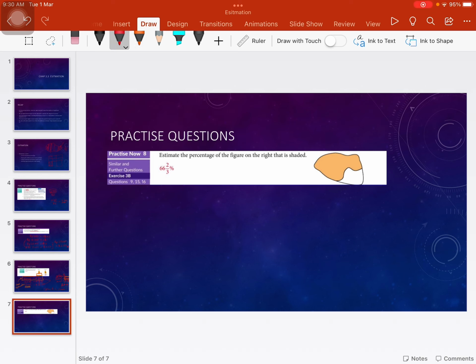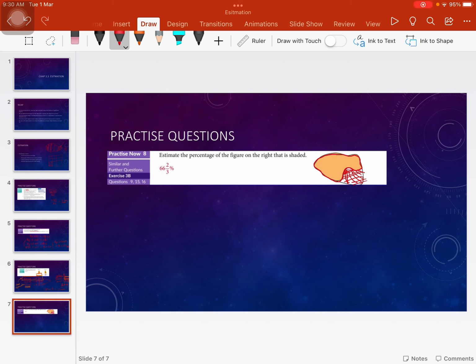Now, if you notice, this is a shaded region. They want you to estimate the percentage of the shaded region. So if this is the smaller area, let's take this as a smaller area, the one in red.